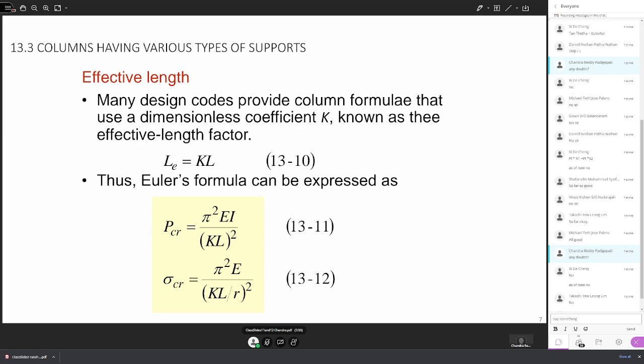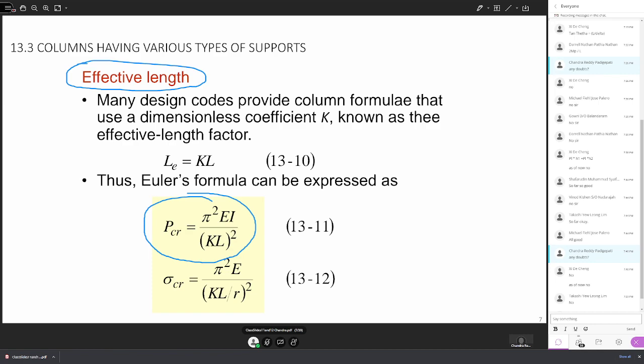Okay, when we describe the lengths in terms of effective lengths, we can now use the critical load formula. P critical, the critical load at which the column buckles, is pi square EI over KL whole square. E is the Young's modulus, or modulus of elasticity. I is the moment of inertia of the beam.